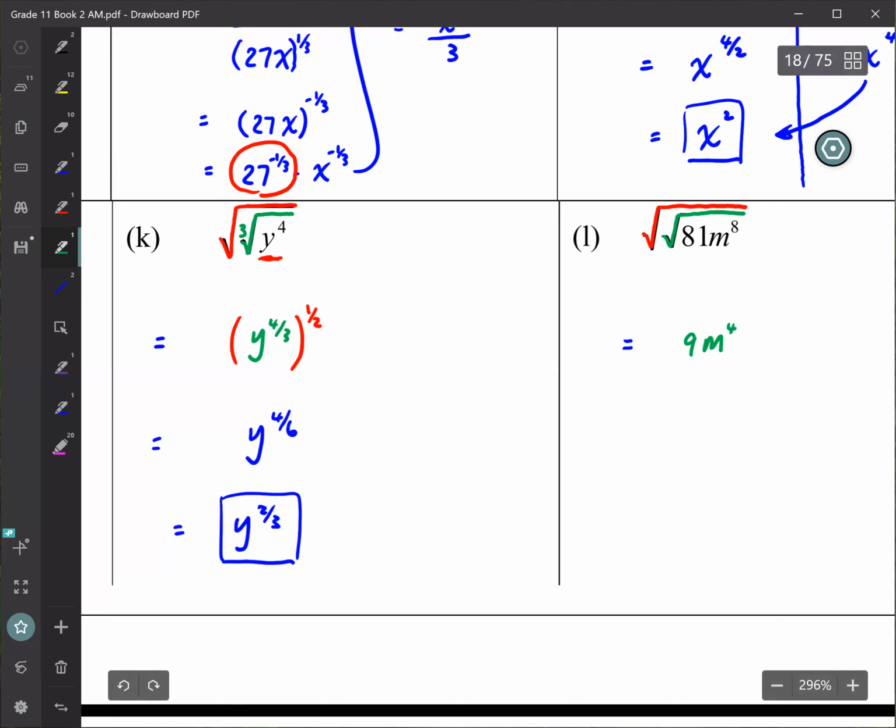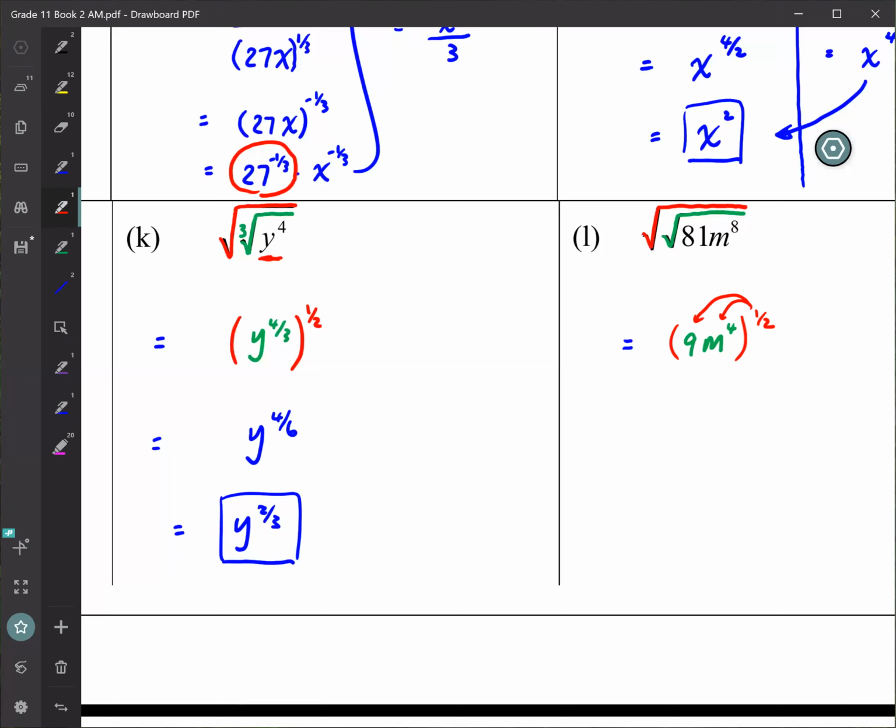So on the green part, you can simplify that first, and then the red part will be 1/2, and you share it once again. The difference between K and L is that in question L, you need to share with two things. But for K, there's only one thing to share with.